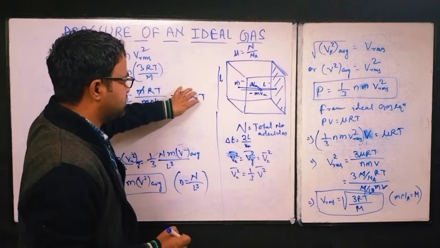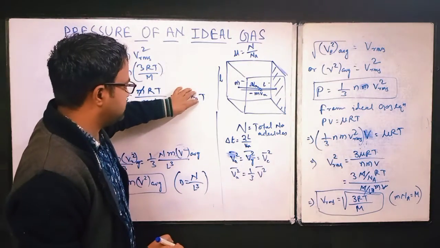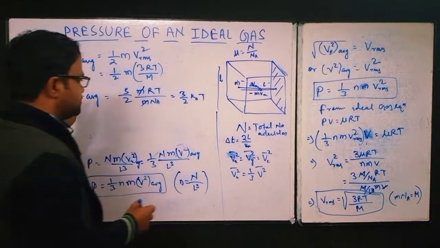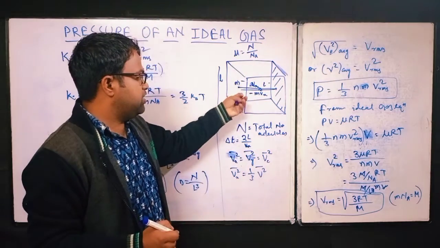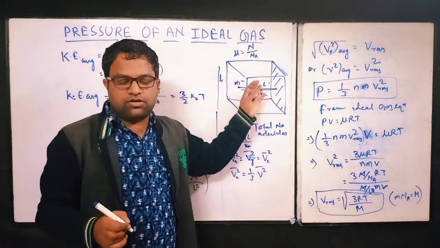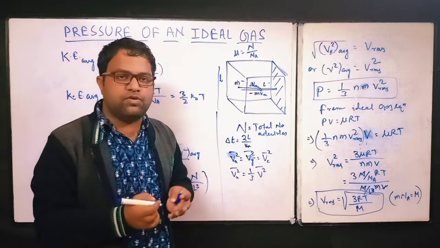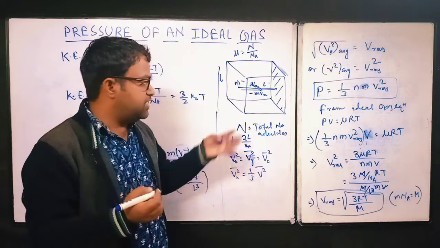That means 3 by 2 is a constant, kB is a constant, and T, that means the energy of a molecule depends only on the temperature. So if we are measuring the temperature of the gas, that means you are also measuring the average energy of the molecule.